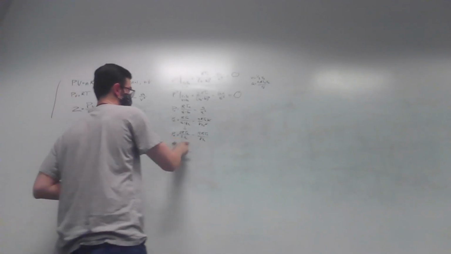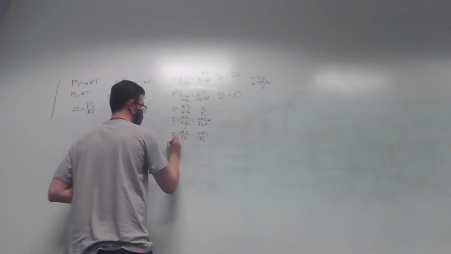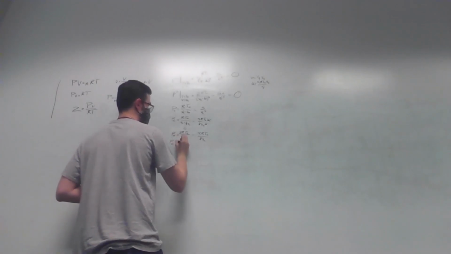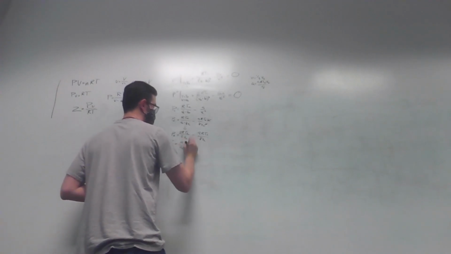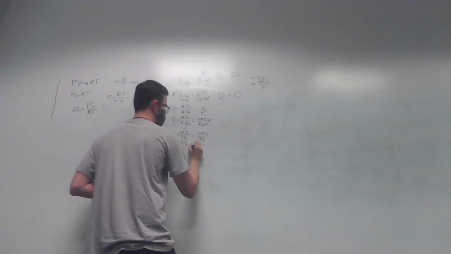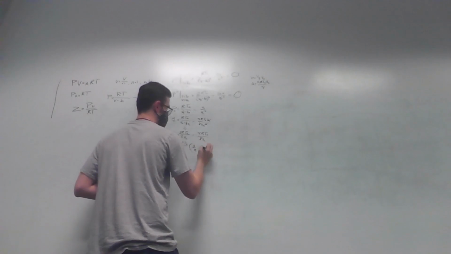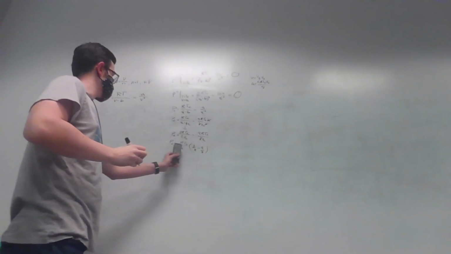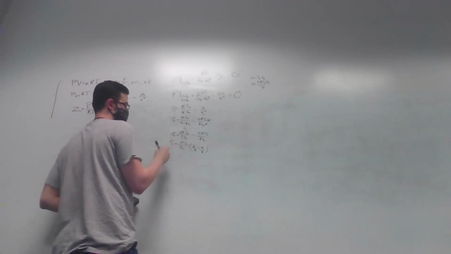So we can factor these out. Critical pressure equals R times critical temperature divided by critical volume, 3/2 minus 9/8. So we're going to multiply this over.